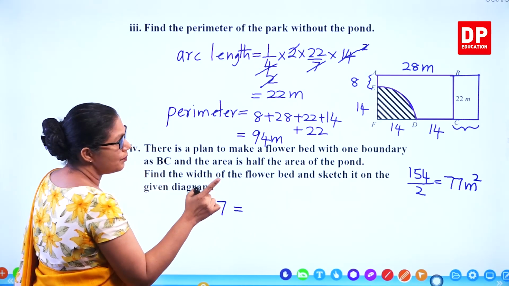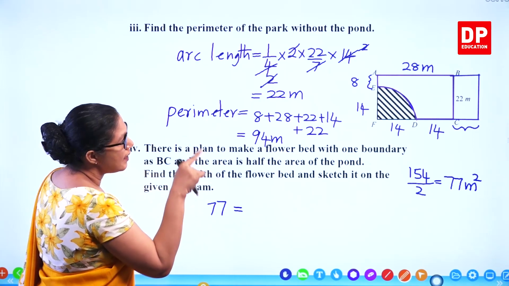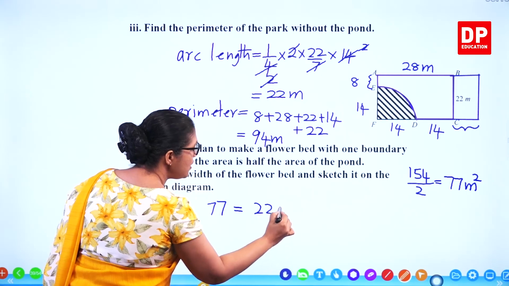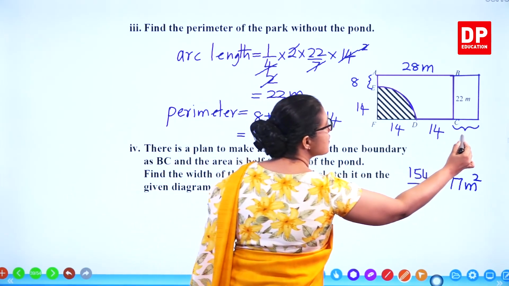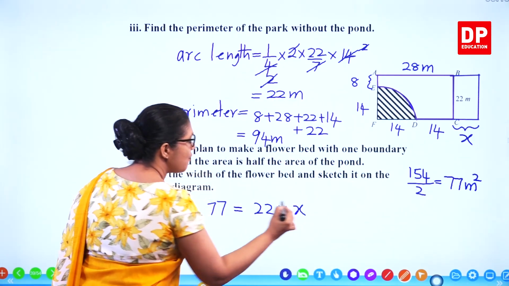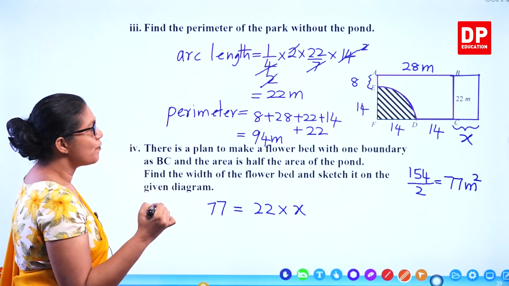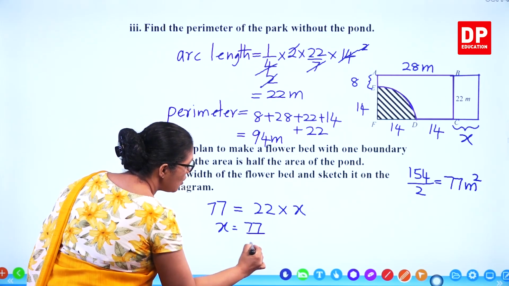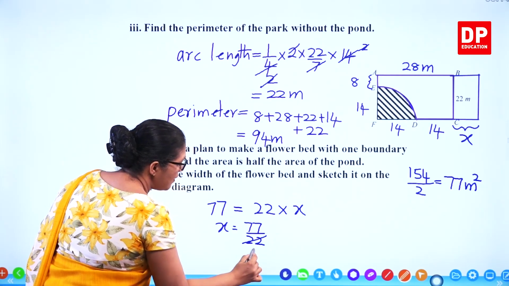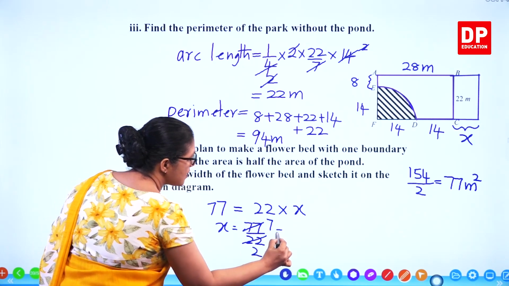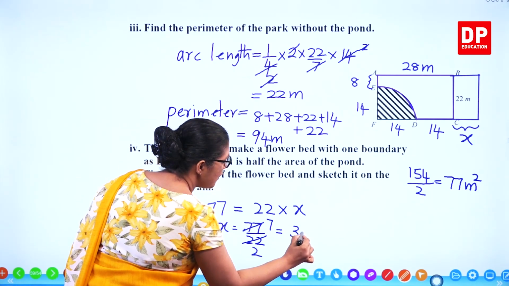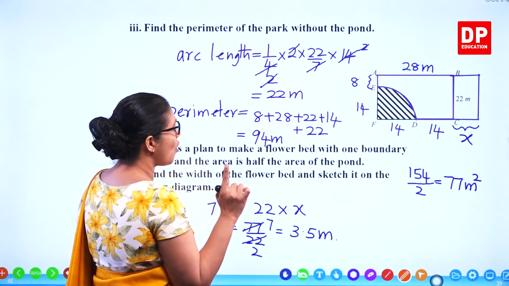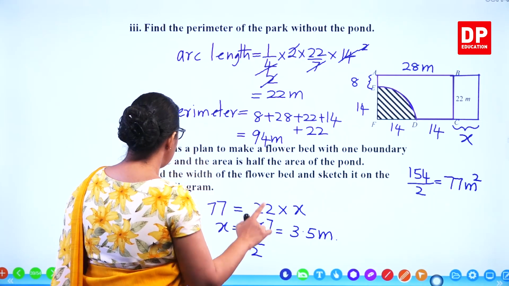The length here is 22, and you need to find the width. We'll put X. So X becomes 77 divided by 22. 11 times 2 and 11 times 7. 7 over 2 means 3.5 meters. So the width of the flower bed is 3.5.